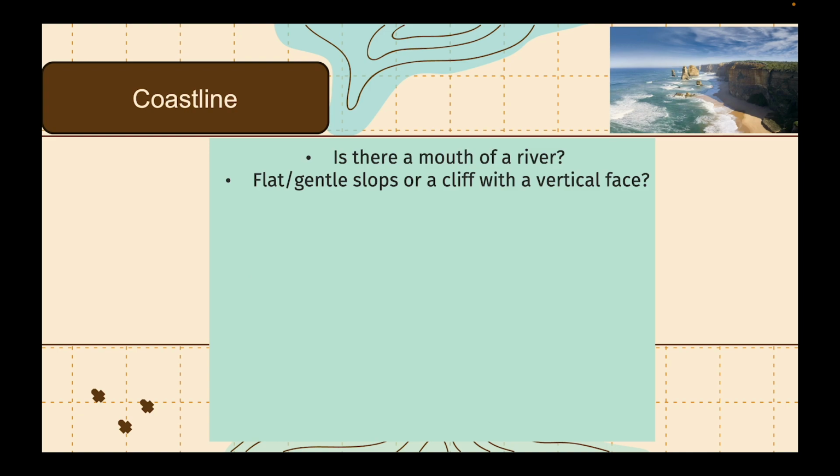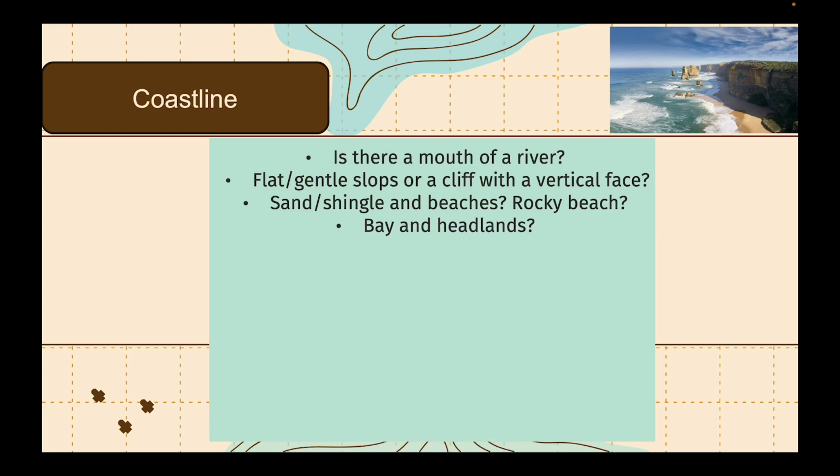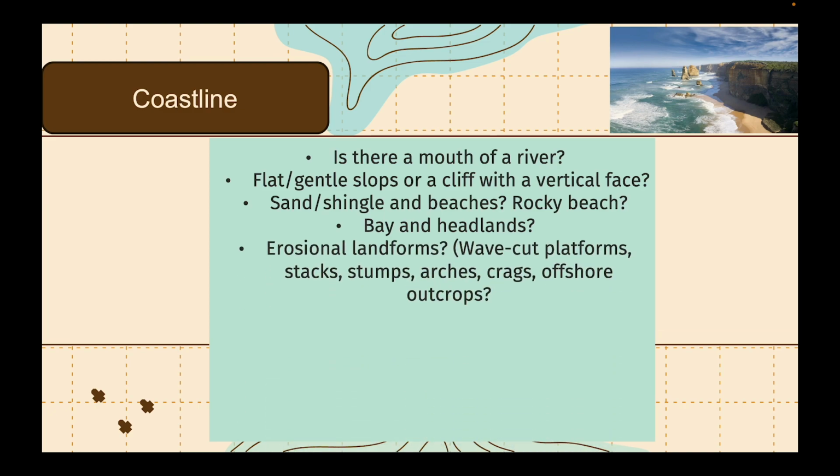We're talking about the gradient, so flat or gentle slopes, or is there a cliff with a vertical face? Are there any beaches, sand or shingle, the predominant material, or is it a rocky beach? If there's a bay, well, there's likely to be headlands. Are there any present?